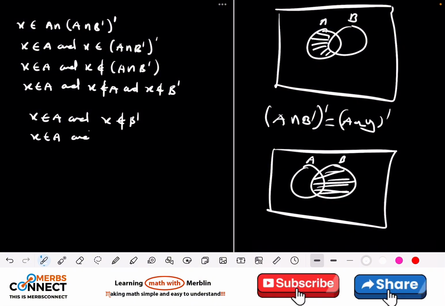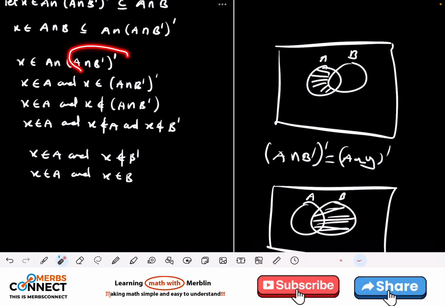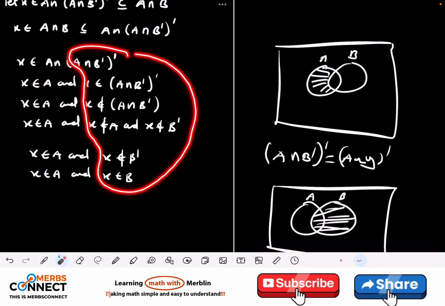Now x is not in B prime means that x is in B, right? So here x is in B. As we can see from here that we saw that the answer here was just B, which we have gotten. So the one at this side is actually giving us the B.